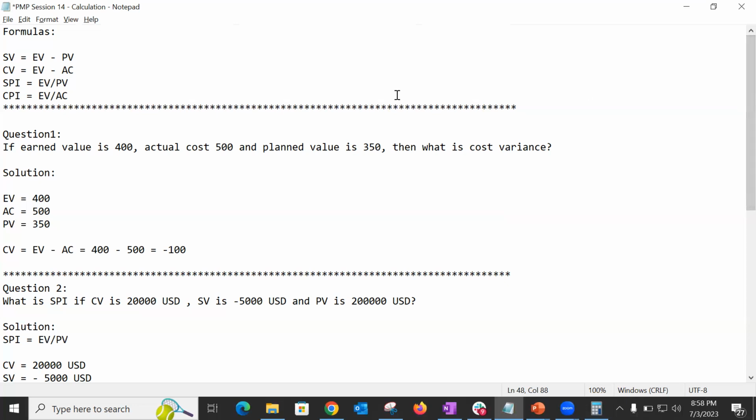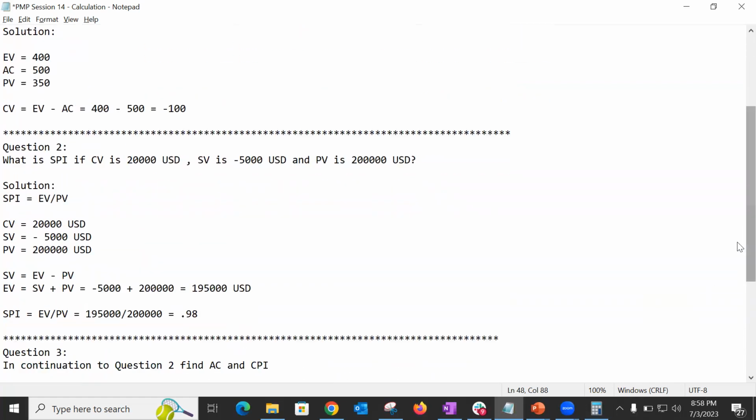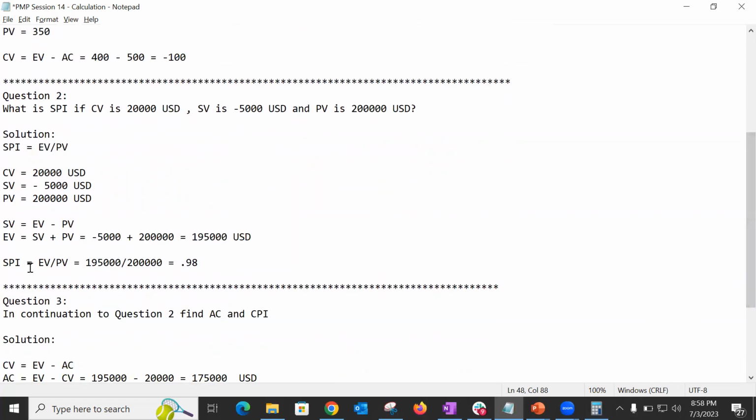So what they will do, let's say, this question: SPI. Now the candidate who has not practiced well, who just memorized the formula, may forget it. They will think SPI was EV by PV or PV by EV.